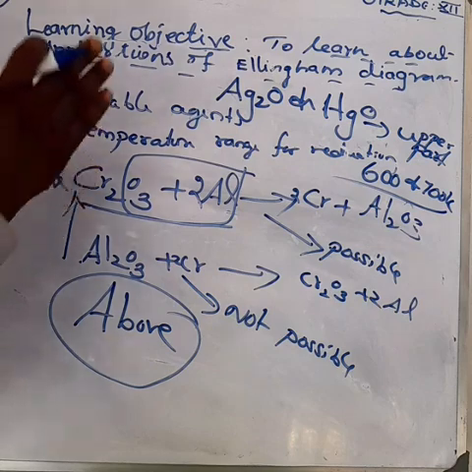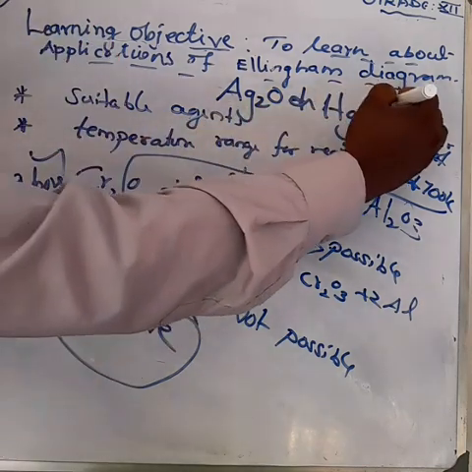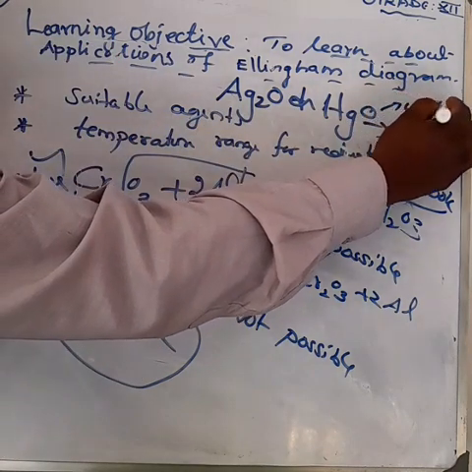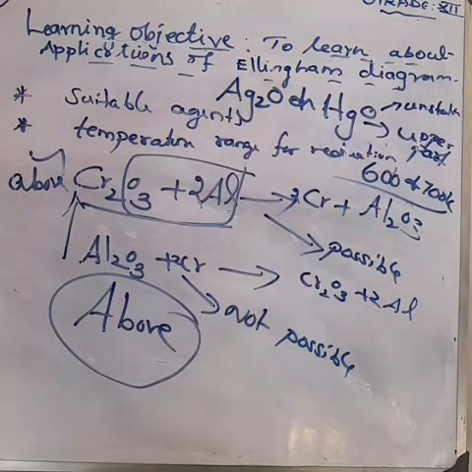These oxides are unstable at moderate temperature, and they will decompose even in the absence of a reducing agent. That means for silver oxide and mercury oxide, there is no need of a reducing agent. Without a reducing reagent, the oxide is converted into metal.